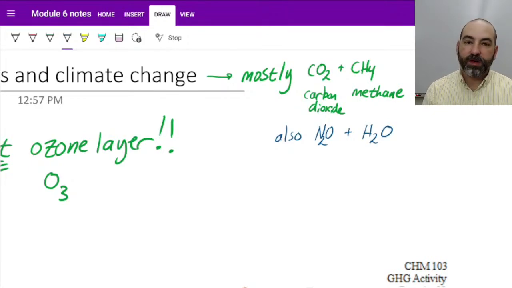There are also big stores of methane in glaciers and other places in the earth that can potentially be released. But a big human factor there is livestock. Raising cows particularly leads to a lot of methane in the atmosphere. So these are the greenhouse gases of concern.